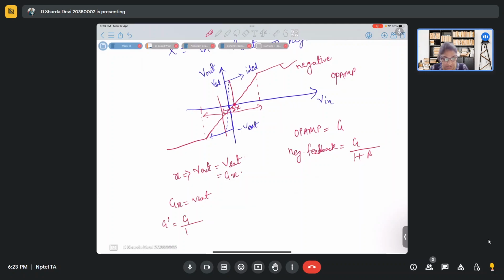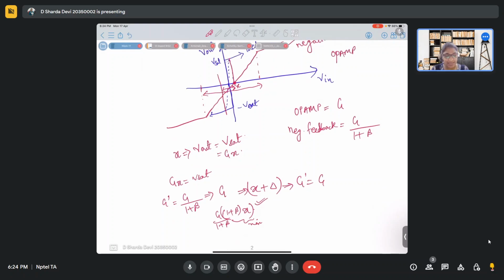It has become G by 1 plus beta, right? Now for it to go to G, I can use X plus extra input, X plus delta, to get my G dash equal to G, because I can have 1 plus beta times of X. So this 1 plus beta times X was the input. From here you can clearly observe that my input range has increased.